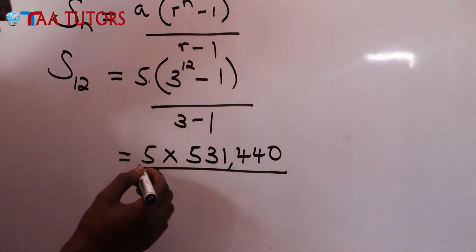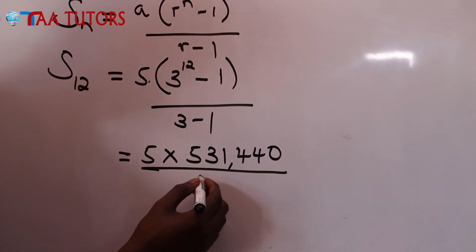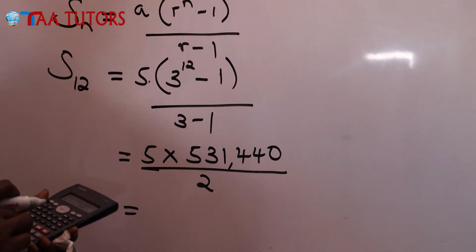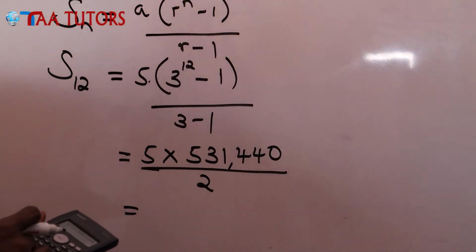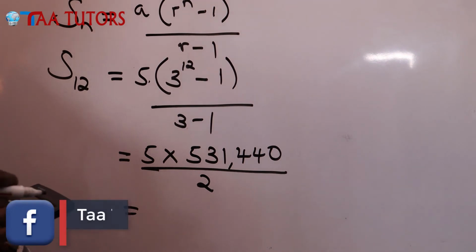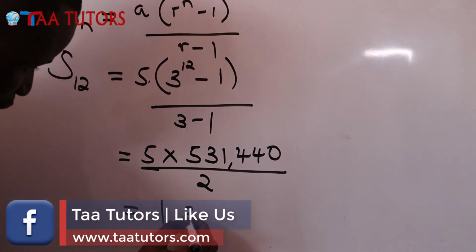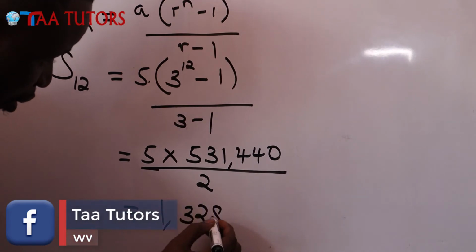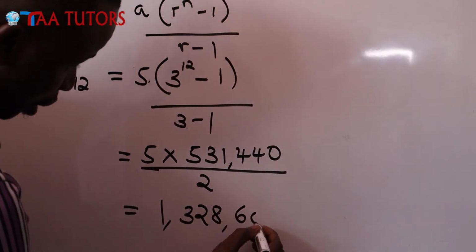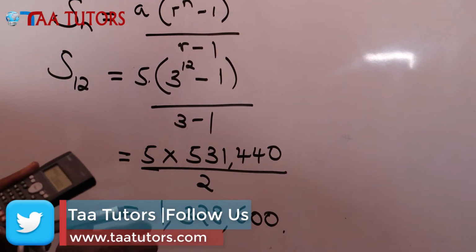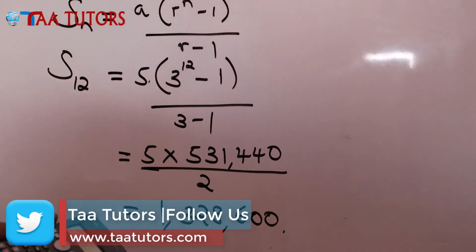Everything here divided by 2. So if you have that times 5 divided by 2, we are able to get 1,328,600. That is the answer that we need to get.